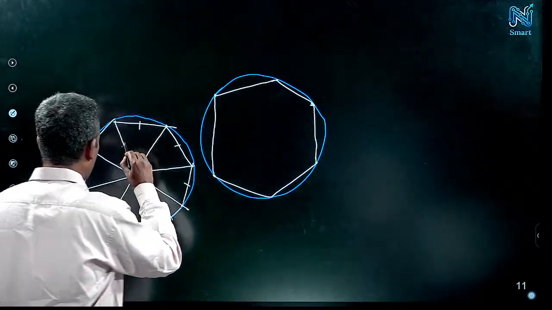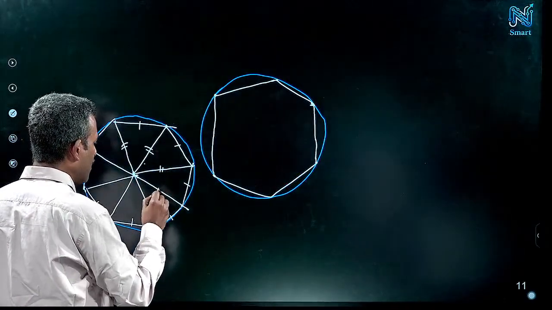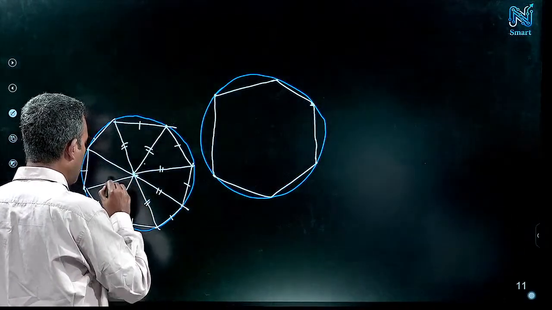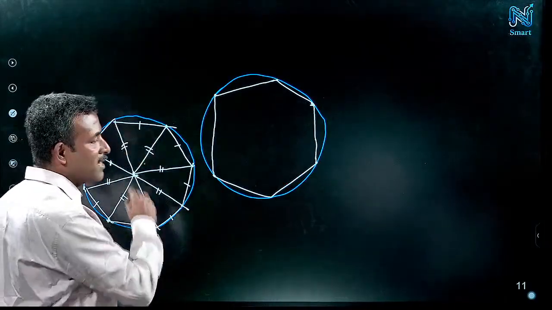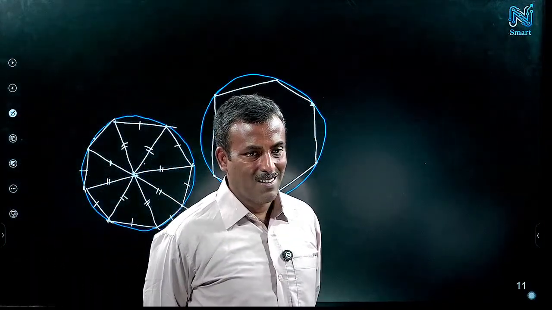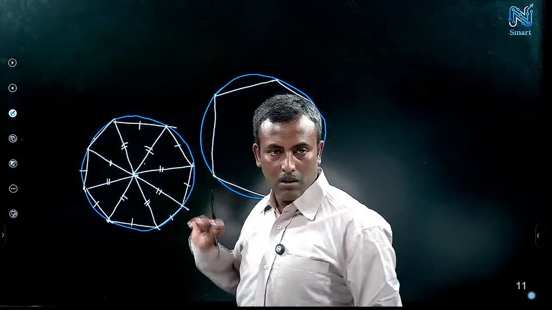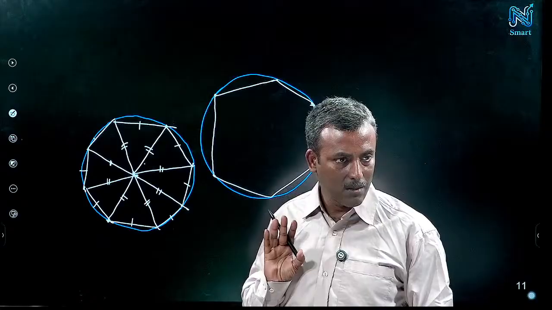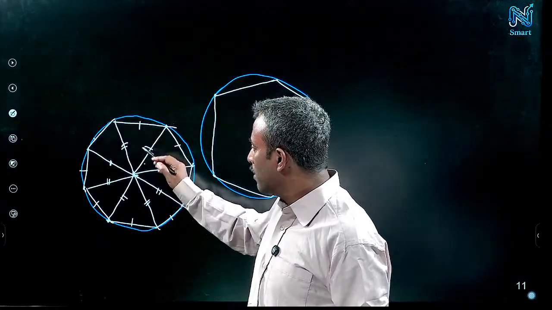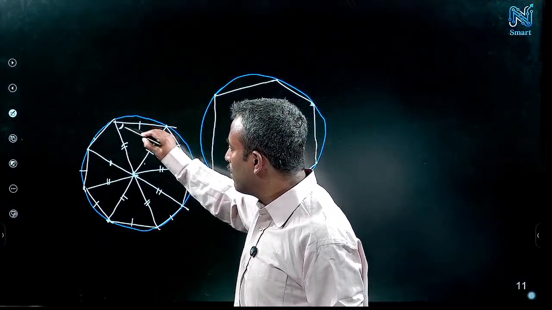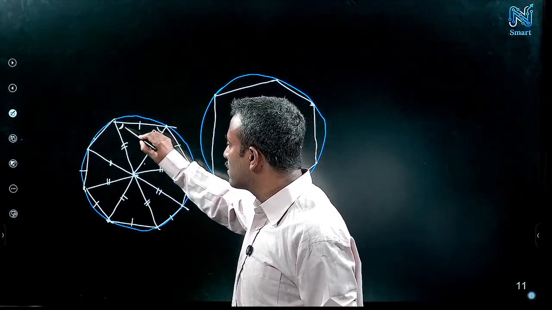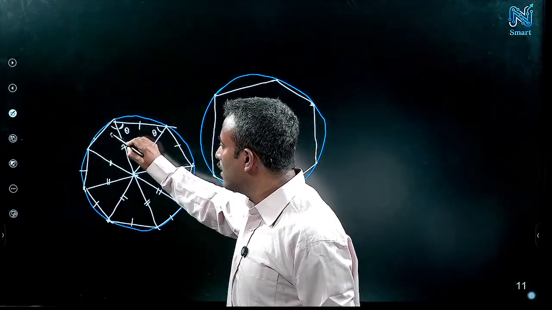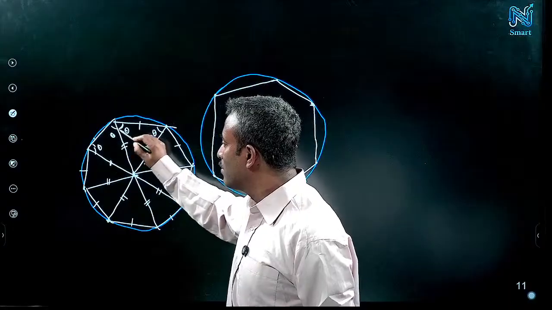Yes, so this is equal to this. That means SSS. But these two sides may not be equal. It's equal if and only if n equals 6, only one case. Since all are equal, that means this angle equals this angle. So this is theta, this is theta. Again, this is theta, this is theta. So all are 2 theta.